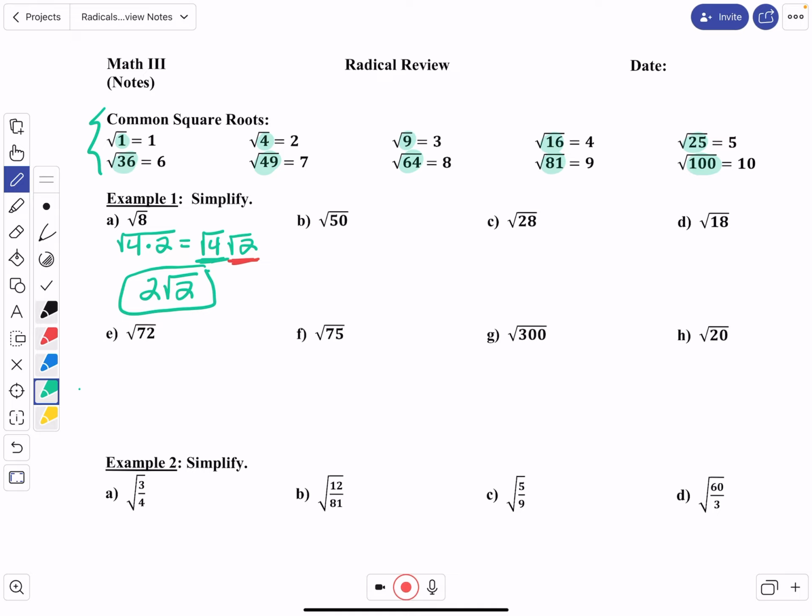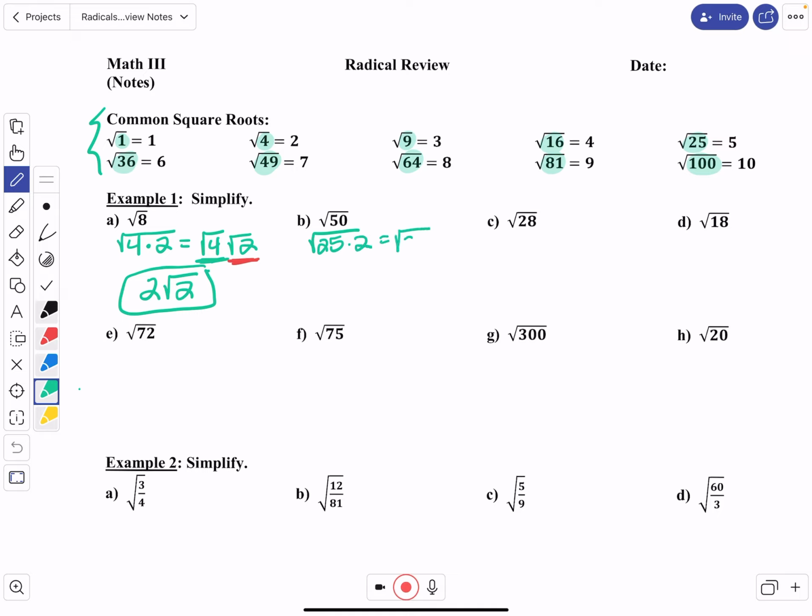Okay? So for B, the square root of 50. You're looking at those numbers that I have highlighted up top, looking for the biggest one that goes into 50. So you ask, does 1, does 4, does 9, does 16, does 25 go in, and so on. 25 goes into 50, and 25 times 2 gives us 50.